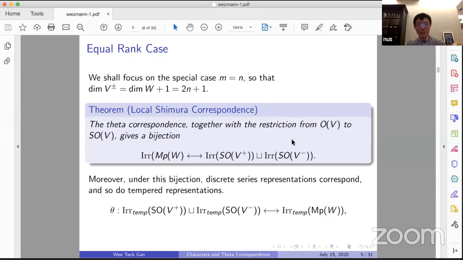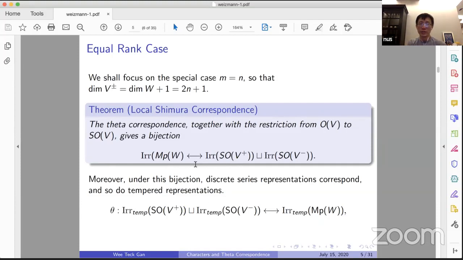So there's not much loss: an irreducible representation of O(V) remains irreducible when restricted to SO(V). In this equal rank case, when you couple the theta correspondence with this restriction, you actually get a bijection from irreducible genuine representations of Mp(W) to the disjoint union of the irreducible representations of these two special orthogonal groups. Of course, there's an analogous theorem in the Archimedean case, where on the right-hand side you will have many more terms, parameterized by the signatures of the quadratic space.